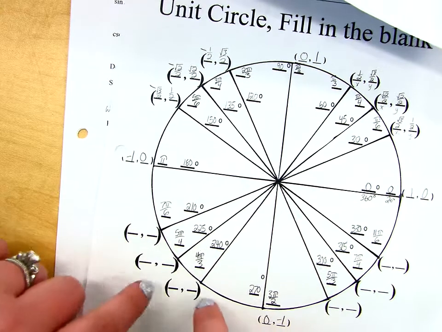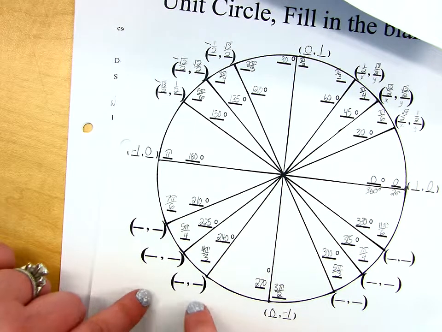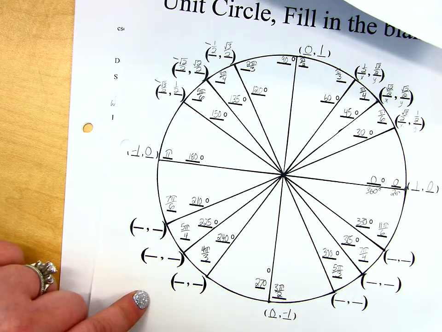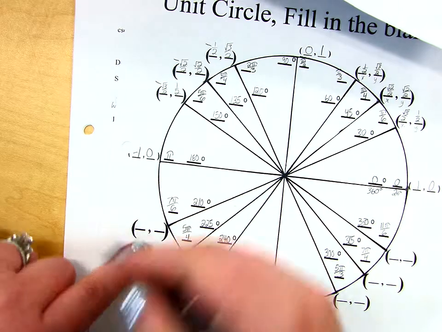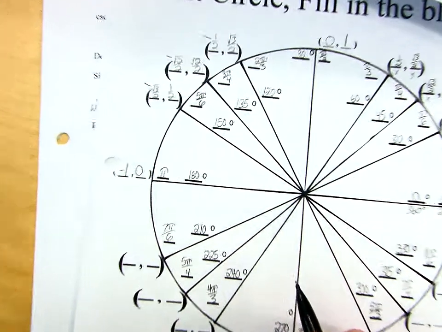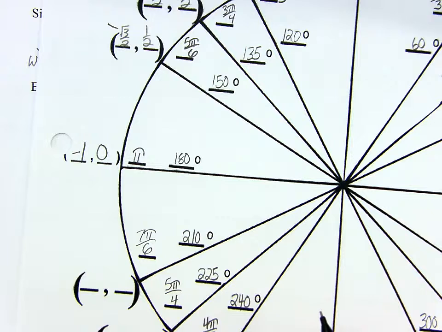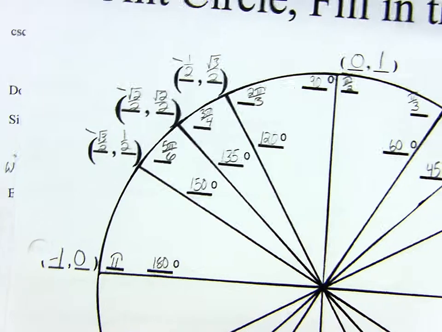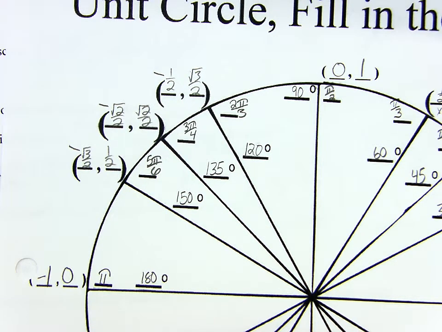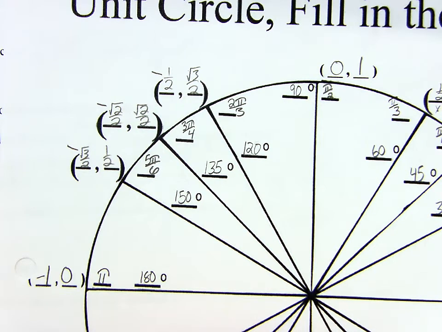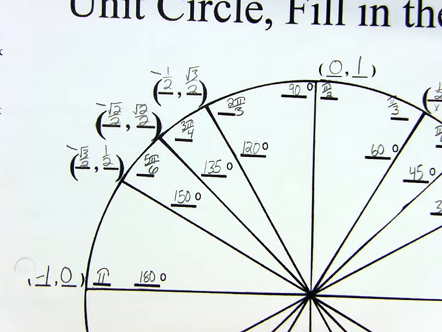But in quadrant 3, what's true? Everybody's negative, x's and y's, right? So the values will match up. So which one did you need? This one? Yeah, I just wanted to break the bachelor's one. These ones match up with what side?